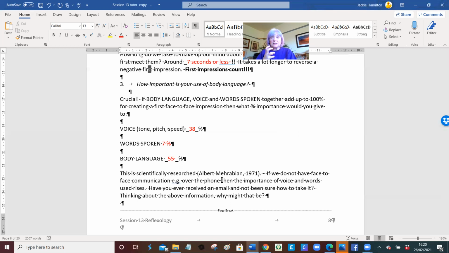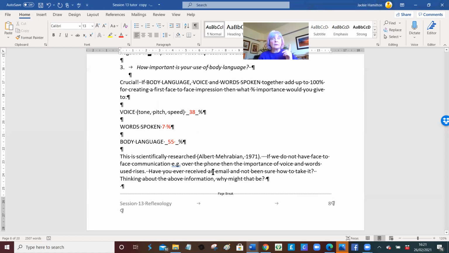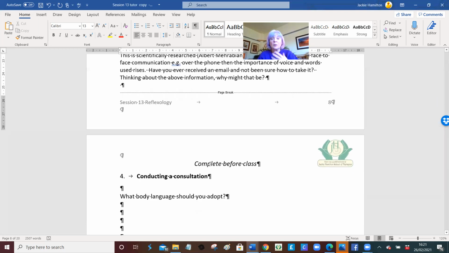The voice, the pitch, the speed, the tone, all that's a big part. And the other big part is body language. If I was sitting here like this and I'm going to tell you something, you think, oh, what's the matter with her? So we have to think about how we are perceived.